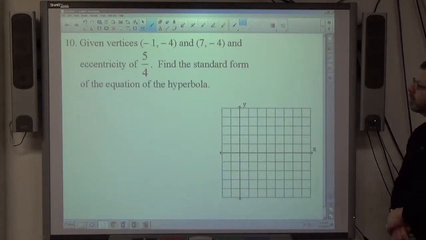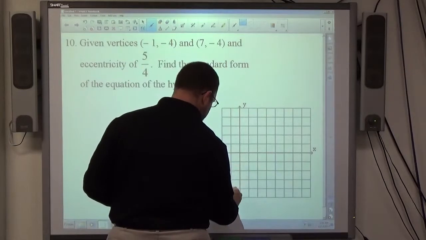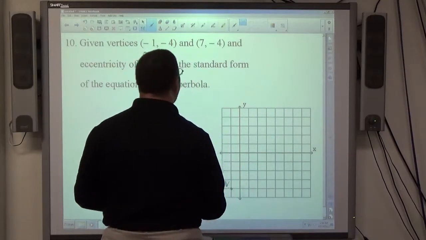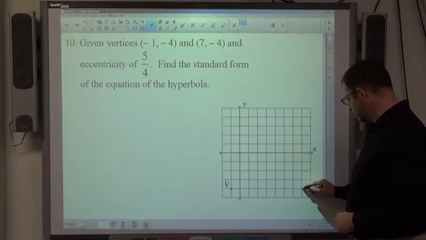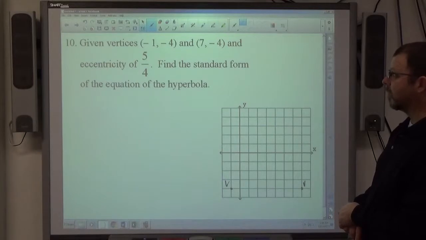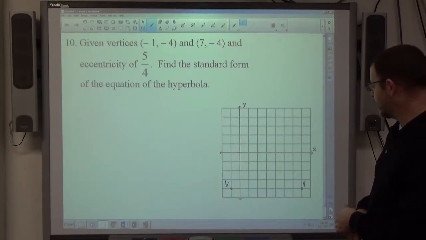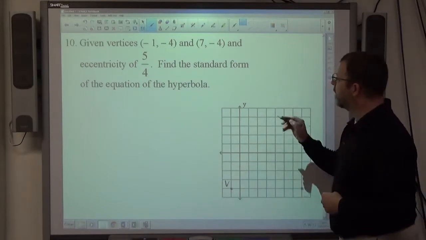Number 10. Given vertices (-1, -4) and (7, -4), an eccentricity of 5/4, find the standard form of the equation of the hyperbola. So I can see that this hyperbola, vertices are left and right, which is the left-right hyperbola.